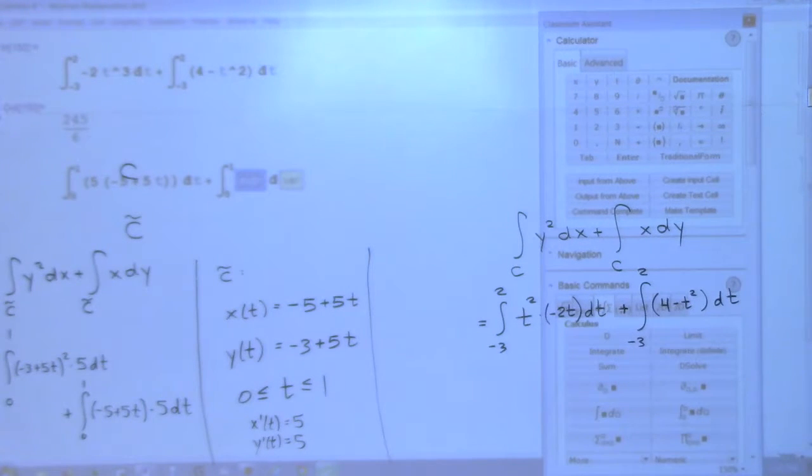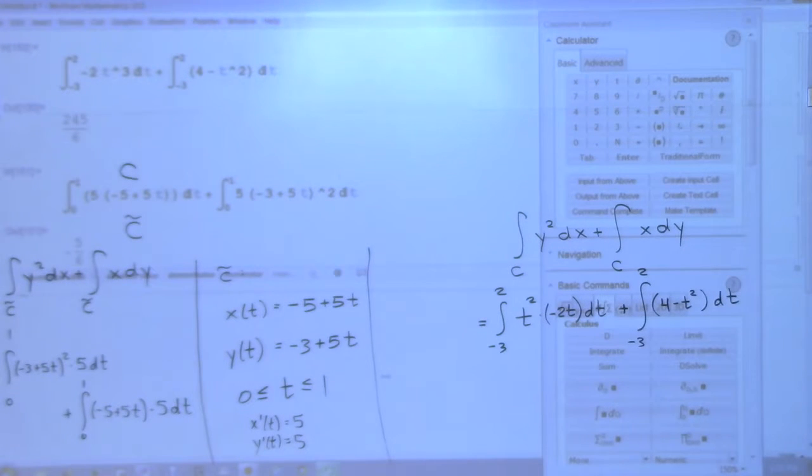Oh wait, I did the second one first. That's all right. So 5 times negative 3 plus 5t, dt. That looks right. Oh, I missed squared on both of those? On that one, yeah. This one right here is supposed to be squared. There we go. We should not get the same answer.